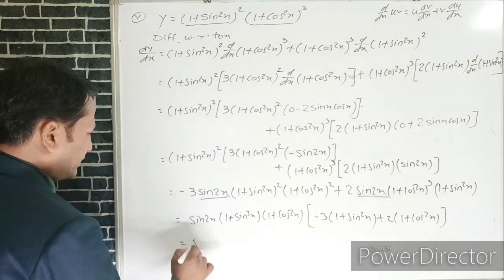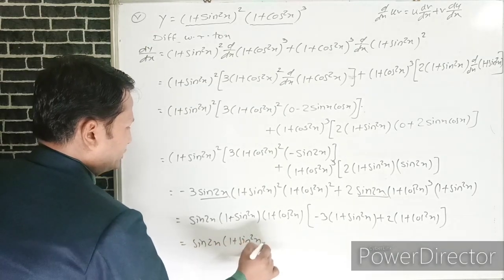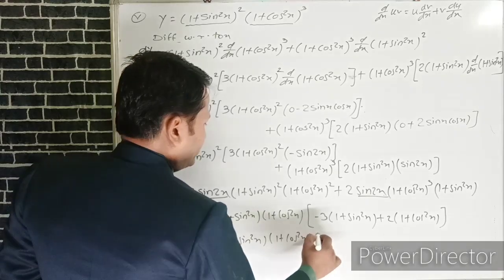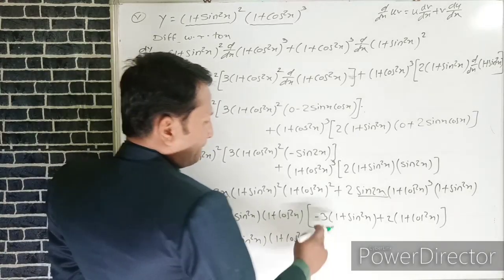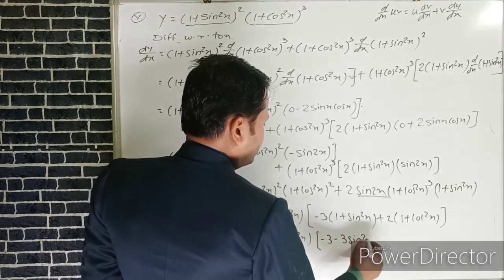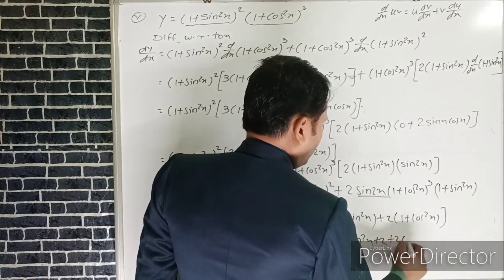After that we can write sin 2x into 1 plus sin square x into 1 plus cos square x into minus 3 into 1 minus 3 sin square x plus 2 cos square x.